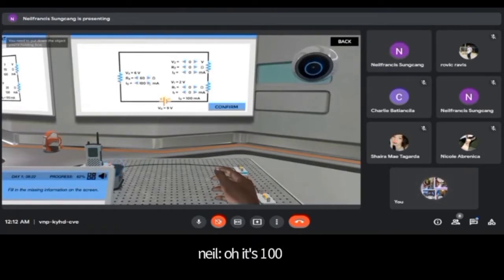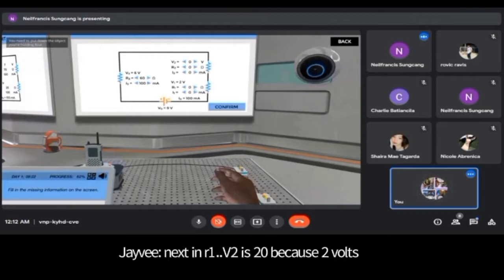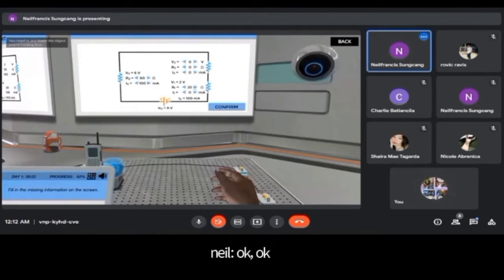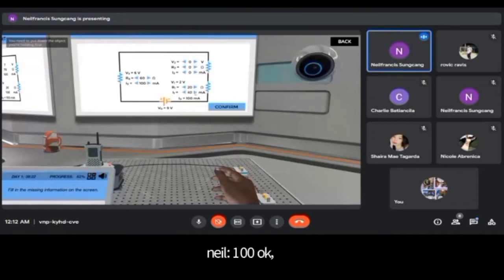Hindi pala ako open mic kanina. Tapos yung R1 sa V2, 20 kasi 2 volts eh. Okay. Tapos 100. Ito, yung I1. 100, okay.